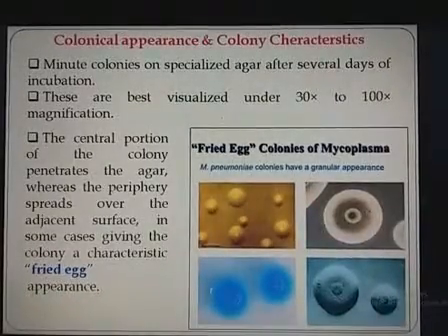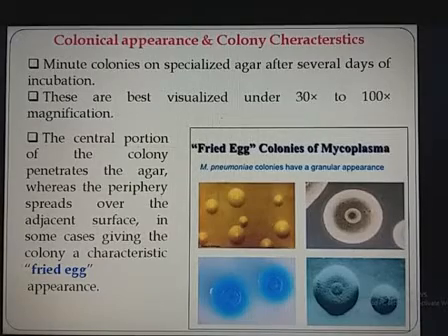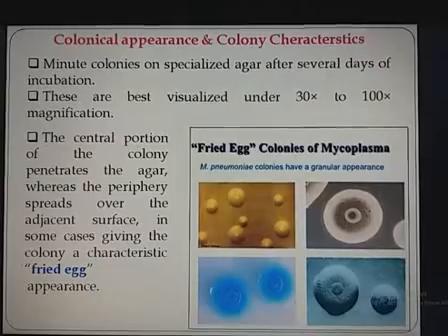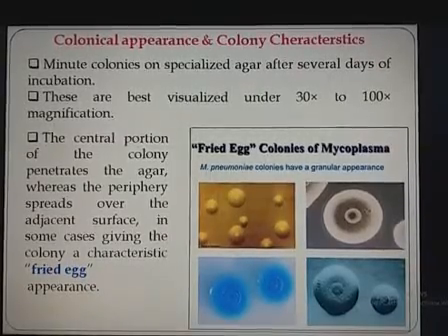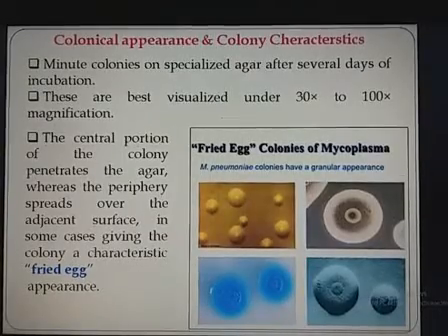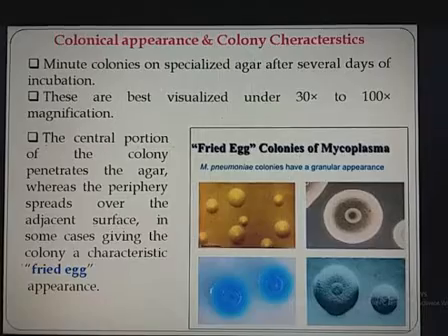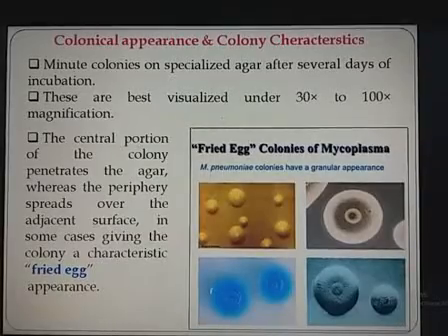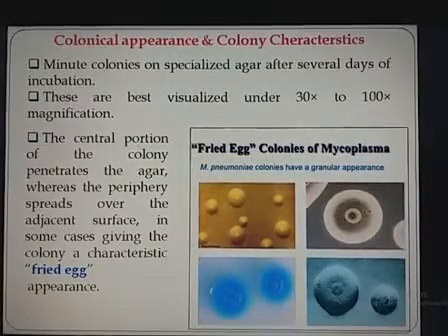Now, how does the colony look? Mycoplasma is cultured in agar medium for several days with a long incubation period. The colonies can be visualized under a 30 to 100 times magnification microscope, and the central portion of the colony penetrates the agar.